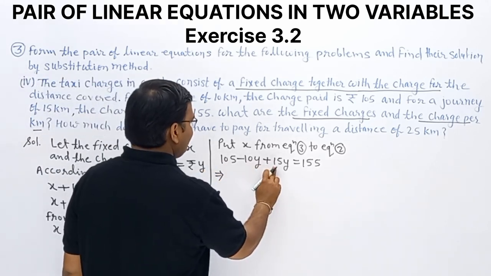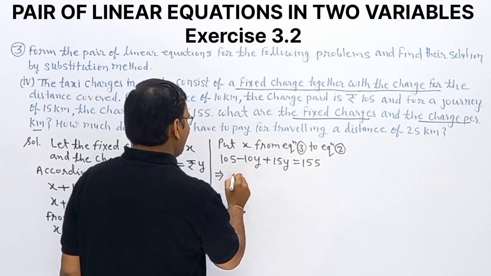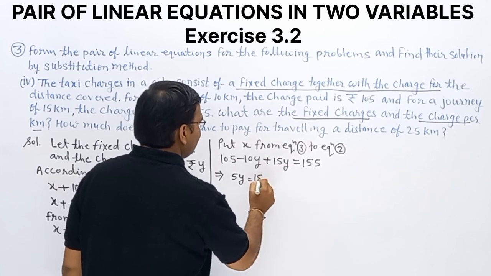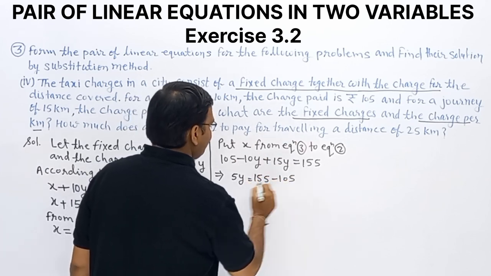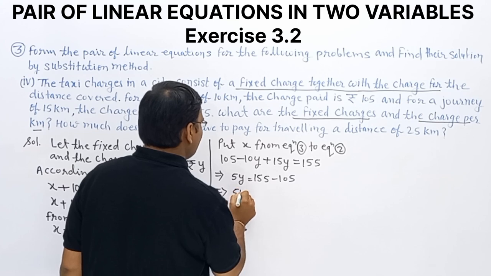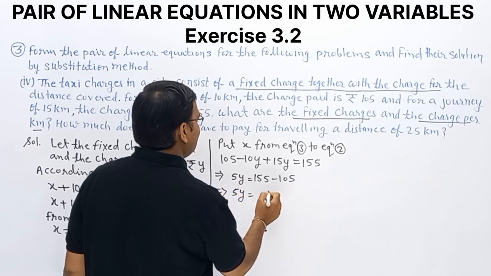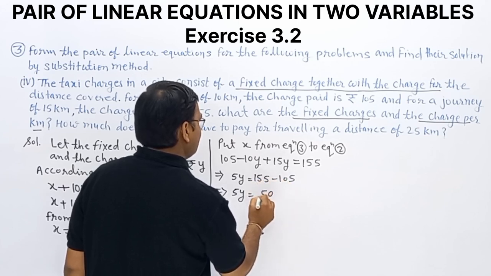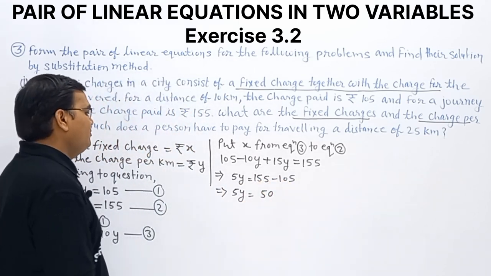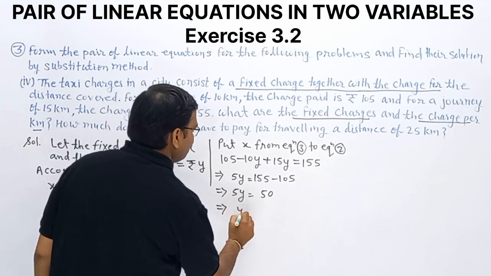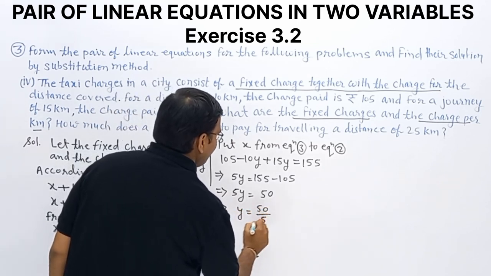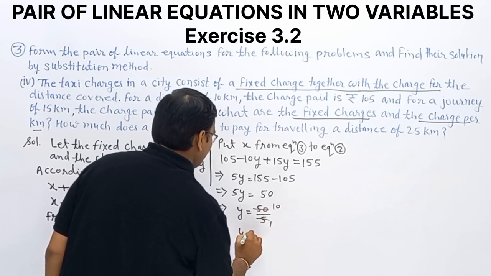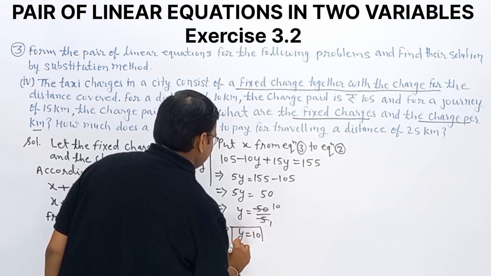Minus 10y plus 15y gives 5y. Now transposing 105 to the right, we subtract: 155 minus 105 is 50. So 5y equals 50, and y equals 50 upon 5. Solving this, the value of y we obtain is 10.